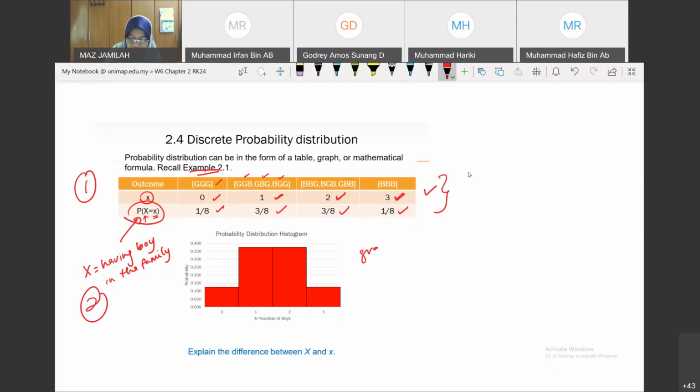In this graph we can clearly see the number of boys, 0 boys, 1 boy, 2 boys, 3 boys, and we have the probabilities in the y-axis, and we can see what will be the probability for each of the events or outcomes. So these are the graph.